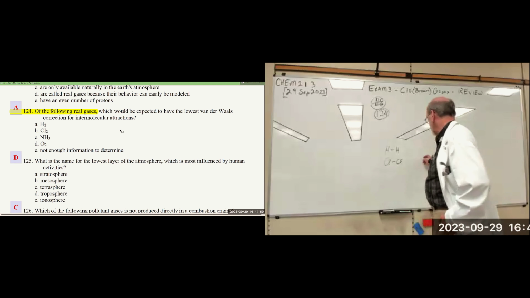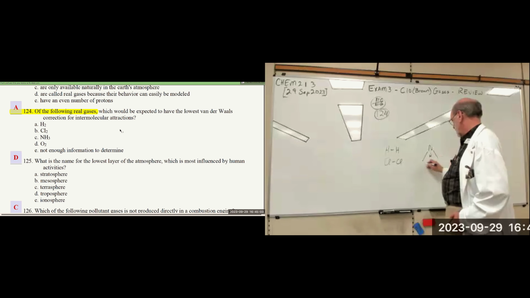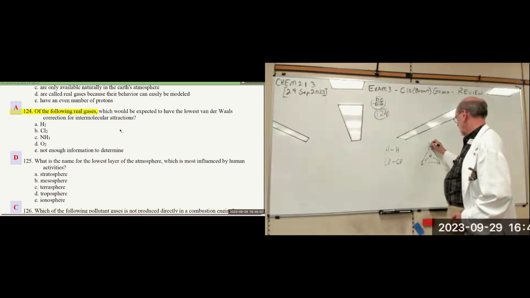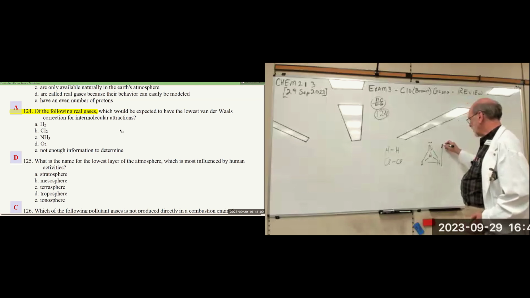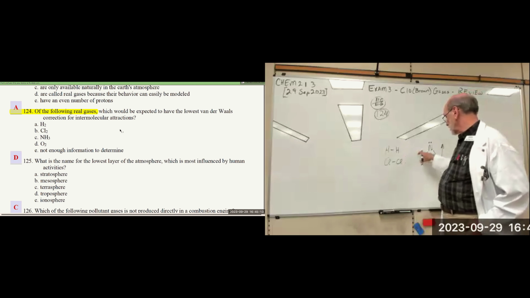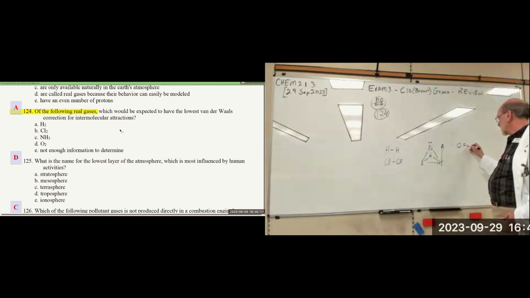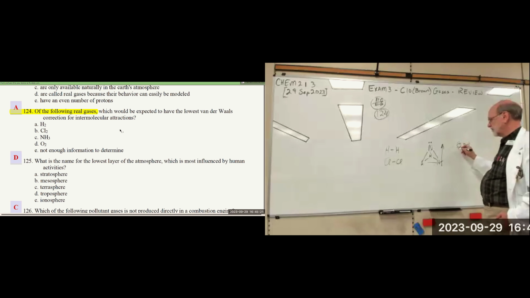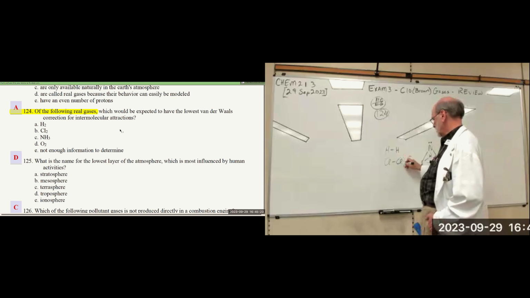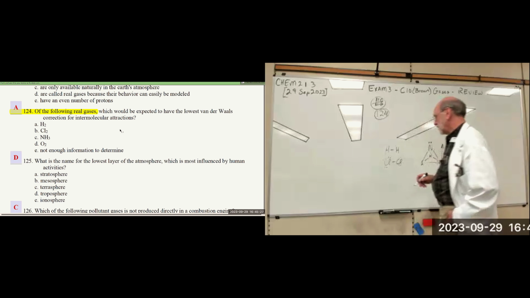We've got ammonia, which is like that. It has a dipole like this. These are nonpolar. Ammonia is polar. And oxygen is like that. And this has the complete octet around here.